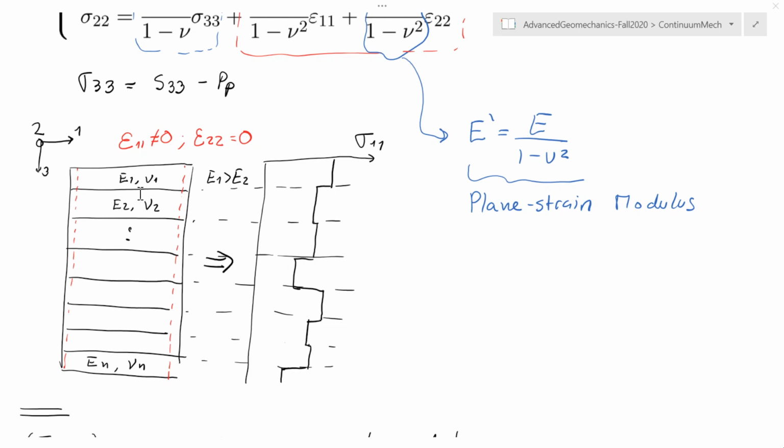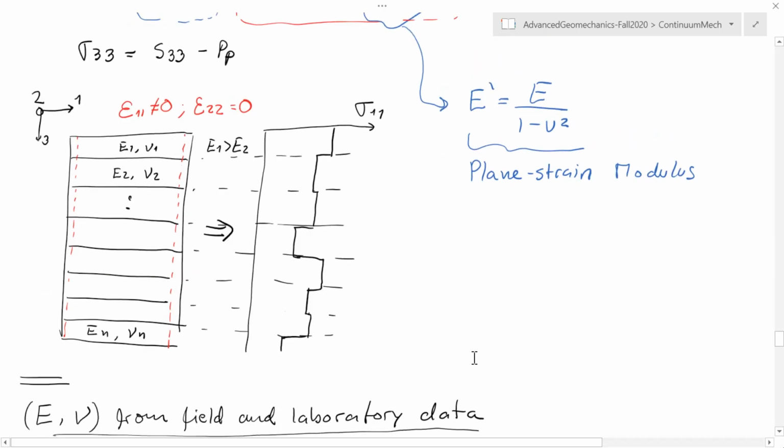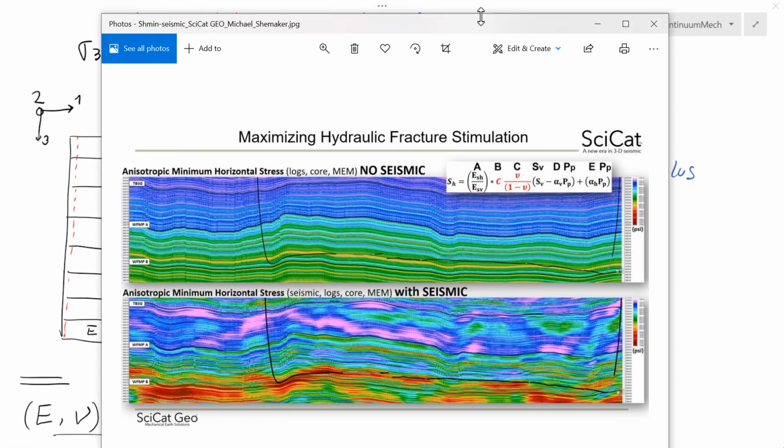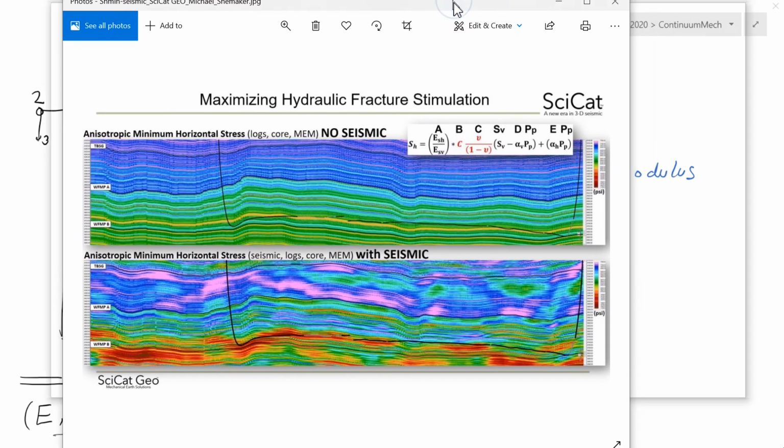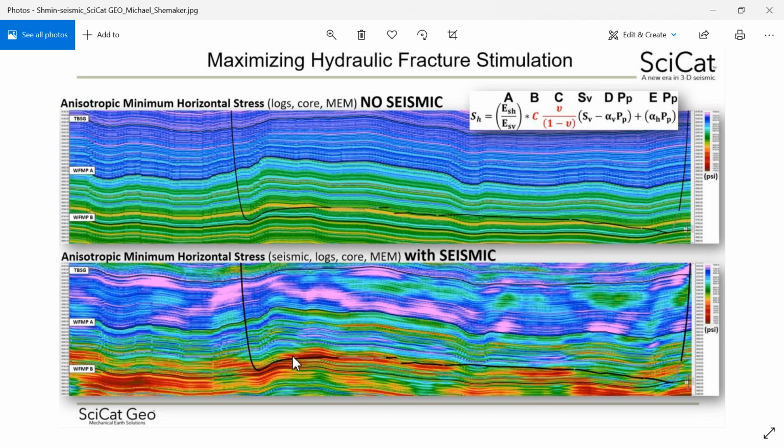So you could go one step further and have a model in which the properties also vary as a function of directions 1 and 2. If you do that, you are going to obtain something similar to what I have in this image, in which now we have a prediction of horizontal stress, which is based on properties of the rock based on seismic properties, and they are not the same in the horizontal direction, they vary.